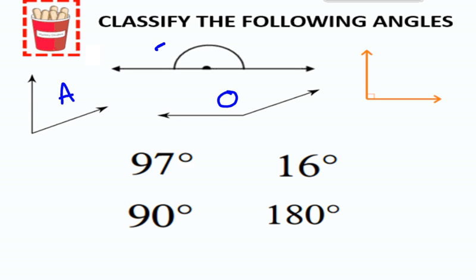This one should be a straight angle, and this one should be a right angle or a 90-degree angle. Okay. At the bottom here, this is obtuse because it's greater than 90. This is a right angle because it's exactly 90. This is a straight angle because it's exactly 180, and of course this one was an acute angle because it is less than 90.